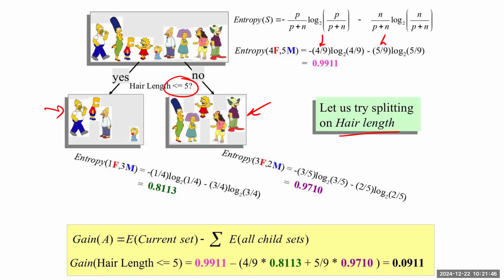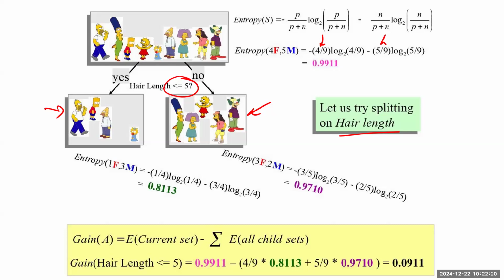And then I get 0.8113. And on the right side, for the hair length greater than 5, I have 5 characters, 3 female and 2 male. And if I compute the entropy, I will get 0.9710. Okay, you can use a calculator later, but let's accept that these are the values.